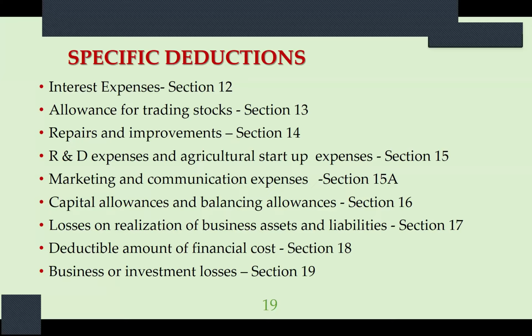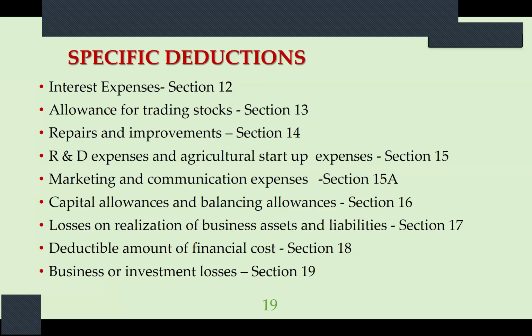For that borrowed money, we have to pay interest. So we can consider that interest as an expenditure incurred in the production of income from business. But since we have a specific deduction rule for interest, we cannot deduct interest expenditure under section 11.